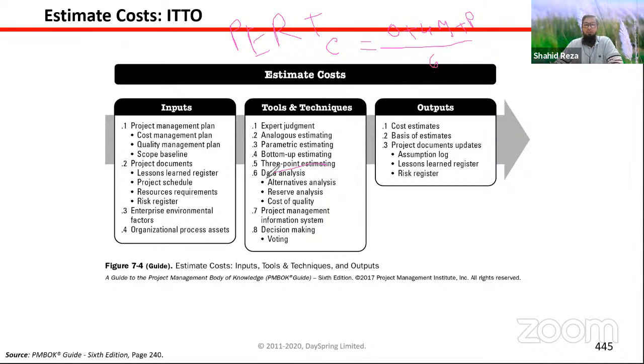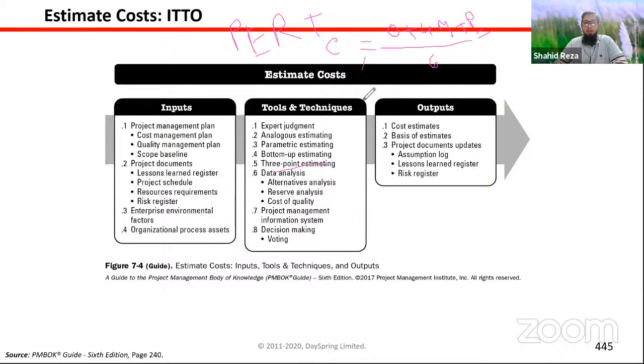We have used 3-point estimating in duration. At that time, for a task, we said how much time we need in the best case scenario if everything goes okay, in the worst case scenario, and in the most likely scenario, how much time generally we need to complete the task.